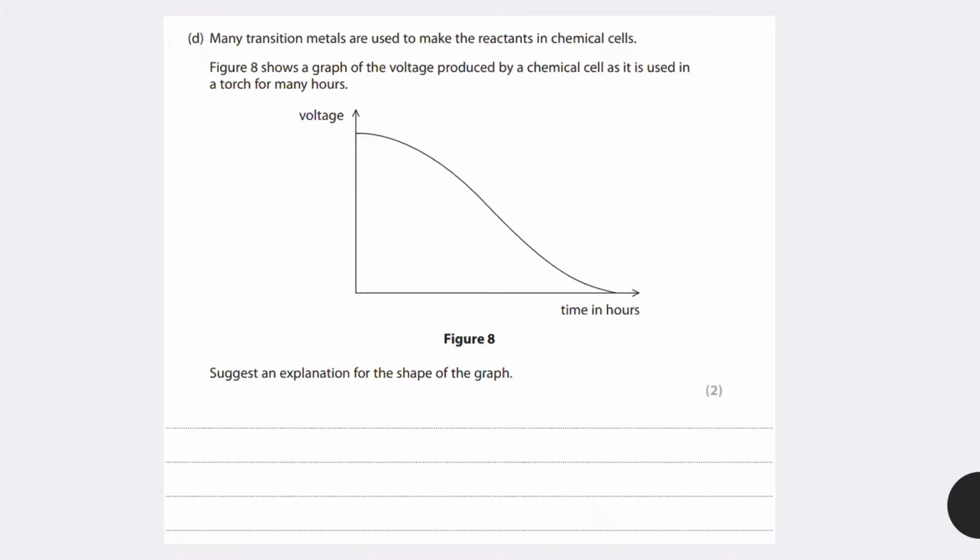It's a graph of the voltage produced by a chemical cell as it is used in a torch for many hours. So it's a chemical cell, so it's a chemical reaction.